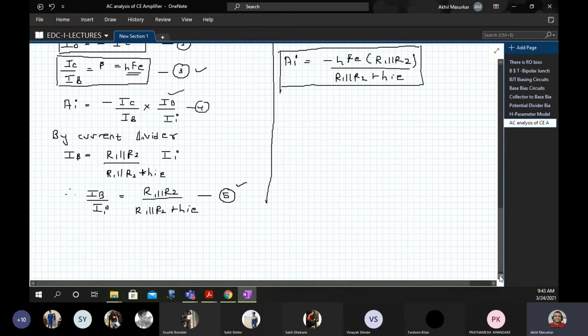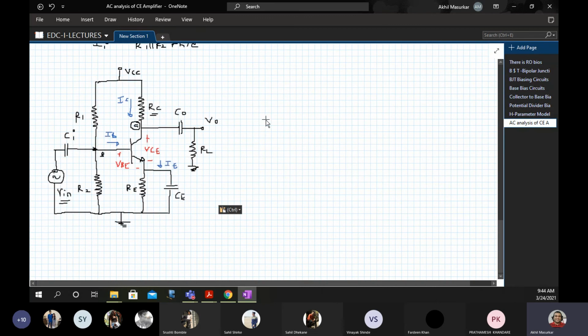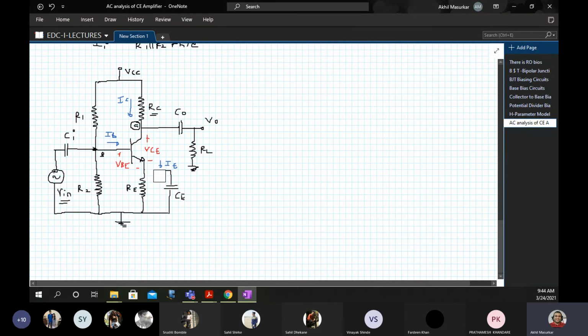Now the next question is, what if we don't connect this CE? What happens to the voltage gain if we don't connect the CE?